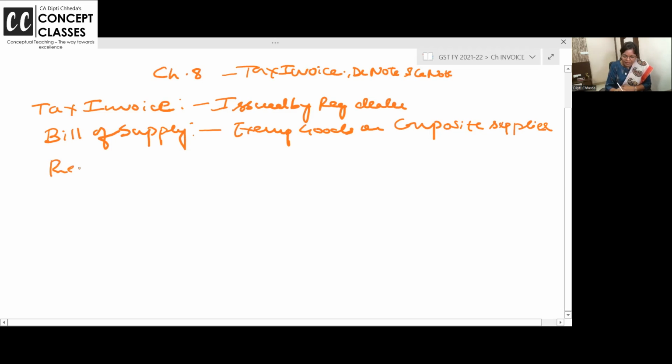Then we have revised tax invoice. Sometimes you are liable to pay tax now, but registration is granted from a later date. So a revised tax invoice is issued for all the bills from the date of liability.